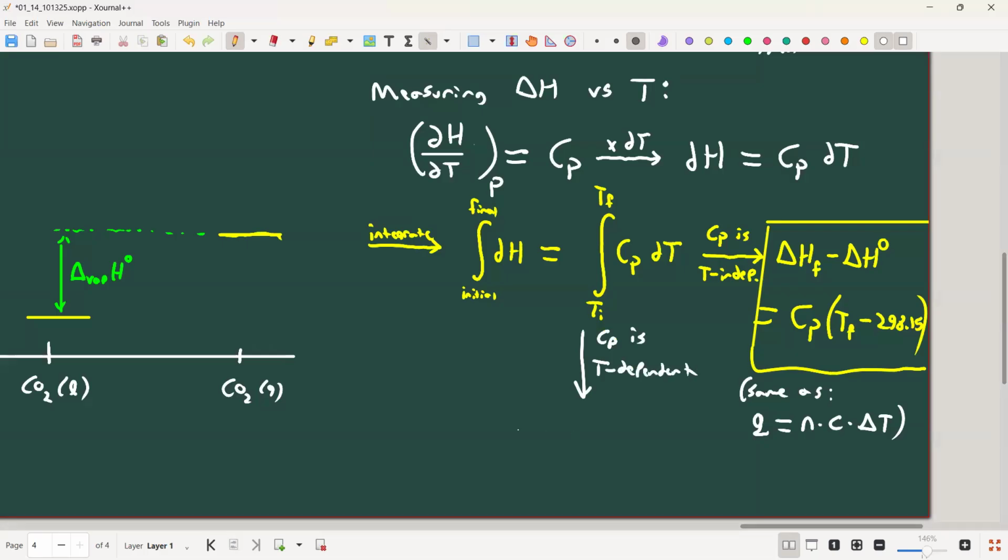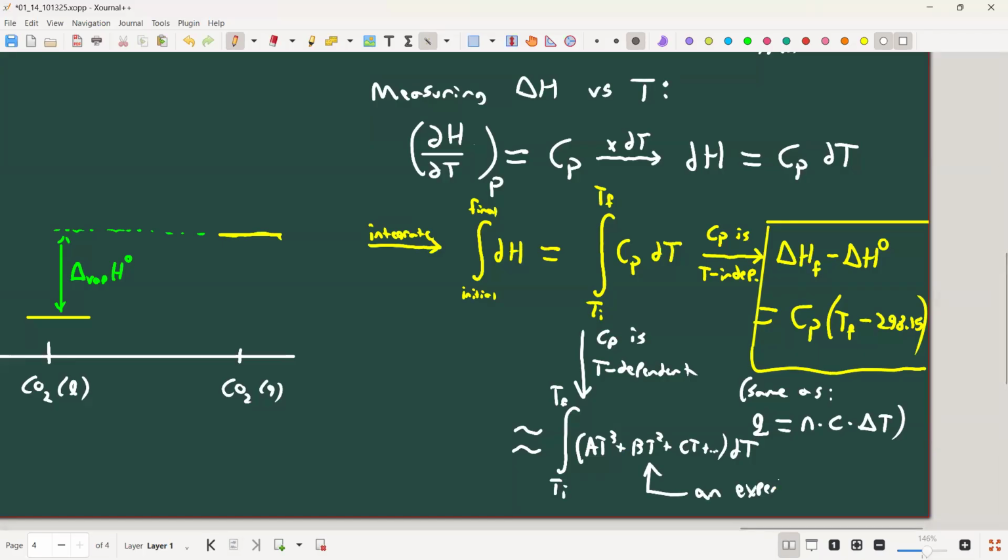I don't know what that integral is going to look like, but we'll find out. It's going to look like the integral from Ti to Tf of just some function of T, maybe aT cubed plus bT squared plus cT plus so on, dT. Just some function. So this is an experimentally determined function.